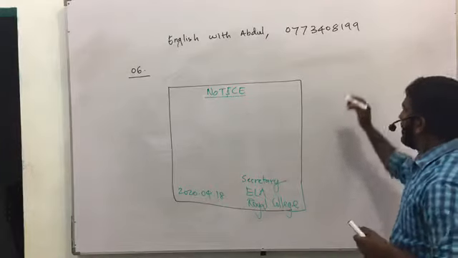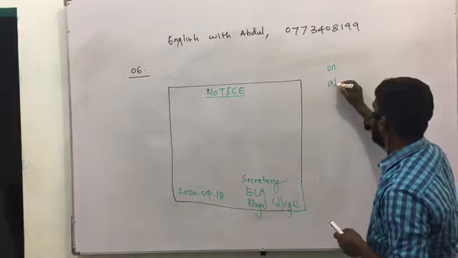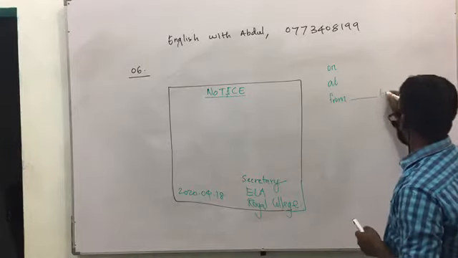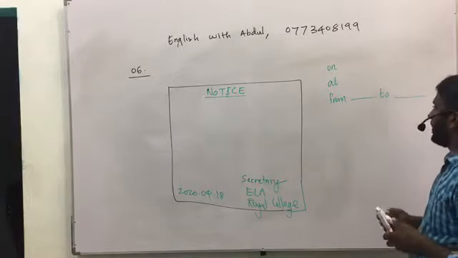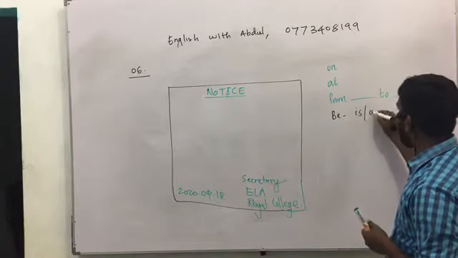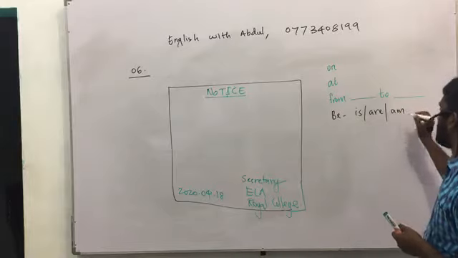Now, my dear students, before you write a notice, you should know these prepositions first: from, to, on, at, and of. The be verb, sometimes am or will, may or may not be used in the notice.